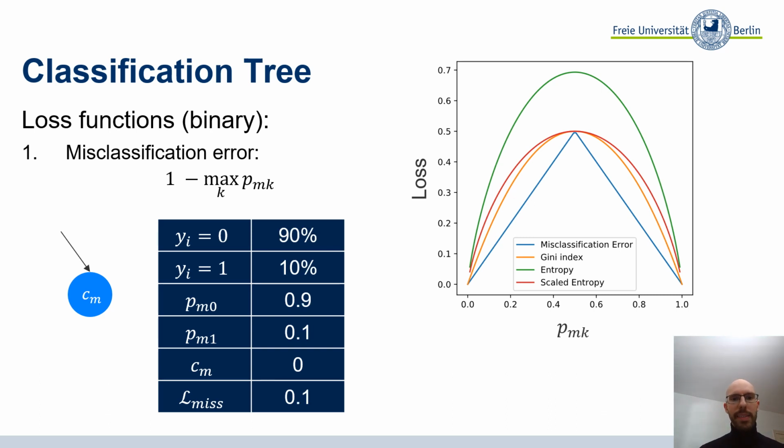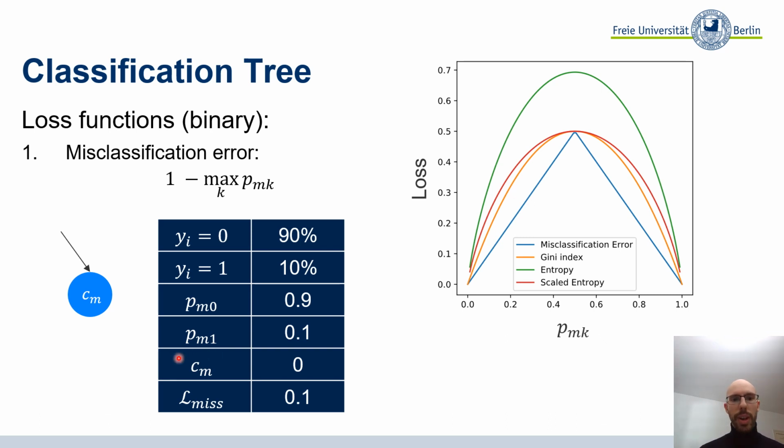Now let us slightly decrease the number of data points which have label 0. So now it's only 90%, and 10% of the training data points have a label 1. So now the ratios PM0 and PM1 are 0.9 and 0.1, and 90% is still a majority of the training data points.